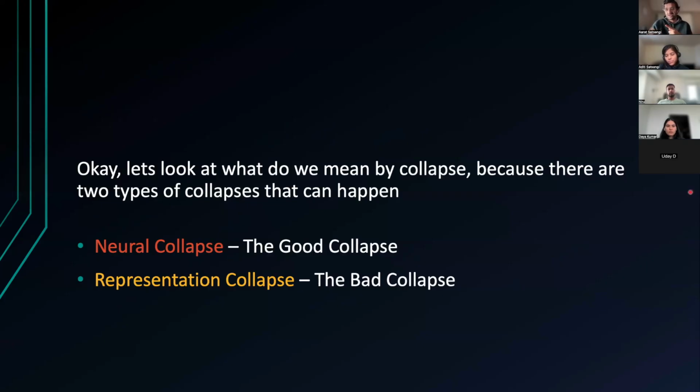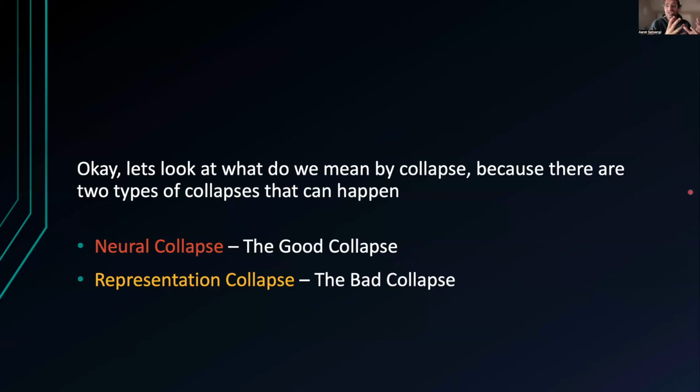Let me just read out the definition, because neural collapse is in itself a whole other topic, and I will not go deep into that. Neural collapse is a phenomenon observed in the late stages of training a network, that is, the terminal phase of training a network in classification tasks.